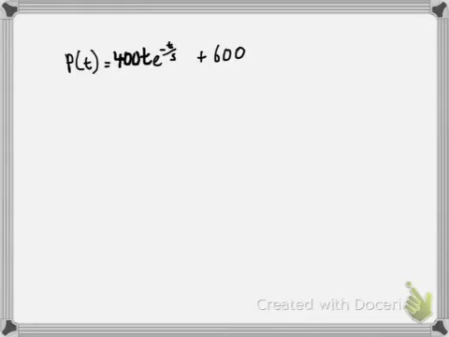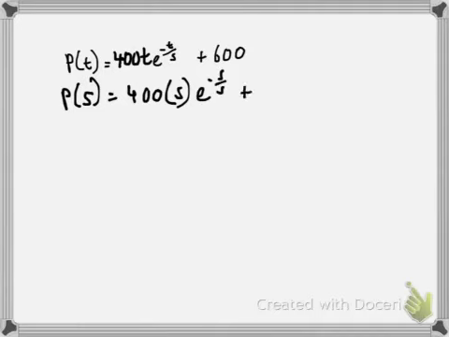The last question, question C, asks, what is the maximum population of birds? We know it occurs at 5 months, so to find that out, we have to find p of 5 and put 5 into the original equation. So it's 400 times 5, e to the power of neg 5 on 5, plus 600. Now it would be very easy to dive to the calculator now to work this out, and you could do that, no problem.